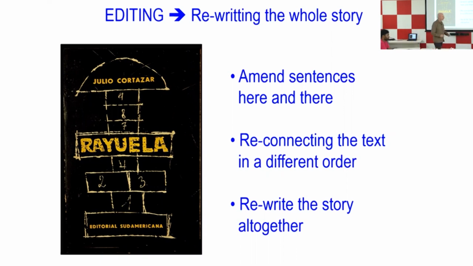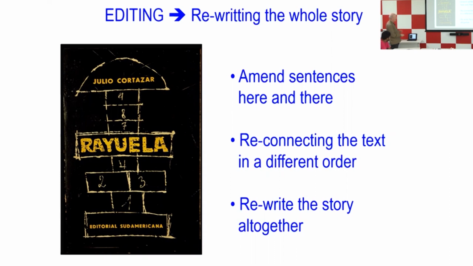So in this book, depending on the order in which you read the different chapters, you get a completely different story. It's a very inspiring approach, because that means that you can use the basic blocks for construction of a narrative, and then the narrative changes depending on the order.